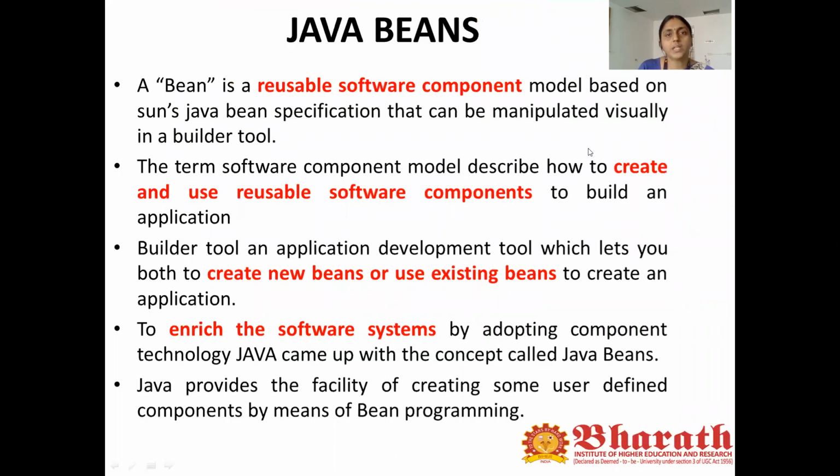So first we will see what the Java Beans concept is. A Java Bean is a reusable software component model, based on Sun's Java Bean specification, which can be manipulated visually in a builder tool. This reusable software component, called a Bean, is used to describe how to create and reuse components to build an application.